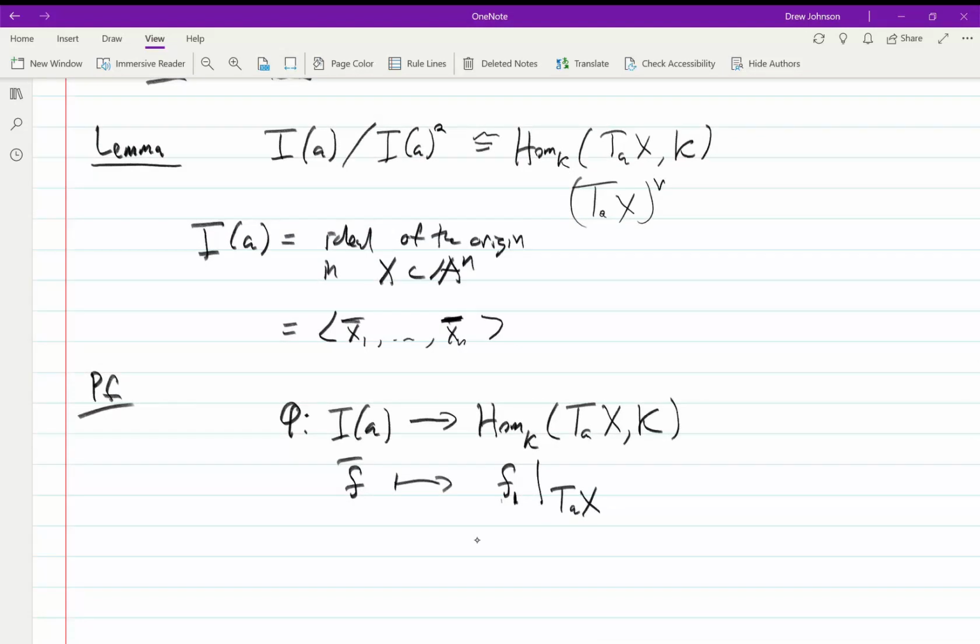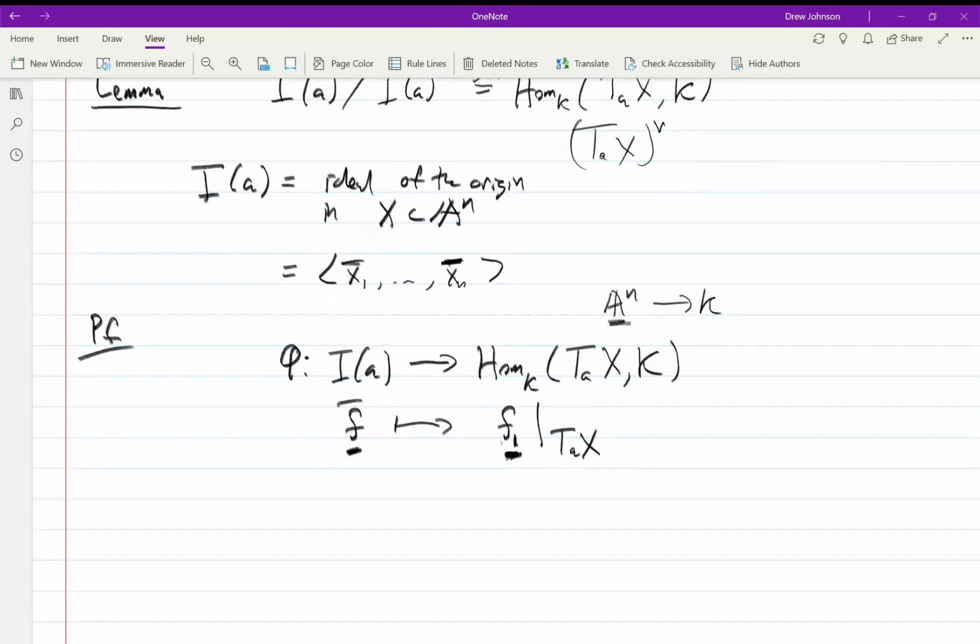Given any F here, we can lift it to an actual polynomial, and then we take the linear term of that polynomial, which will be a vector space map from A^n to K. Then you just restrict it to the subspace, T_A X, the subspace of A^n. Remember that this polynomial vanishes at the origin, and we're taking the linear part, so it's actually a linear map.